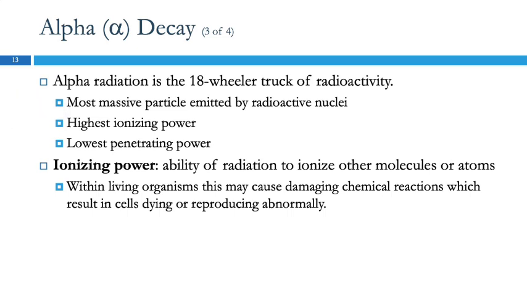When a radioactive particle runs into another atom, it can ionize that atom. It can kick electrons off of it and cause it to become an ion. Because this particle is so big, it has high ionizing power. When it runs into something, things happen, right? So this is like crashing into the wall. But it has the lowest penetrating power.